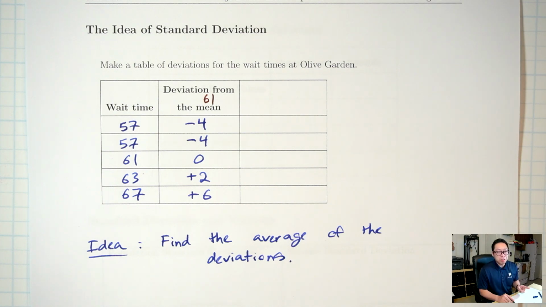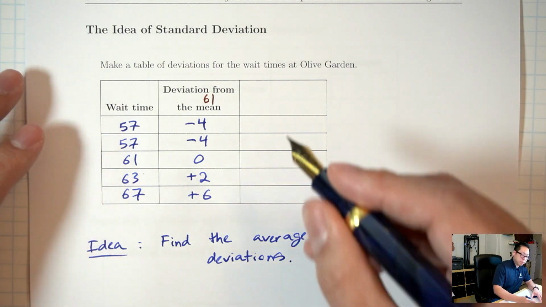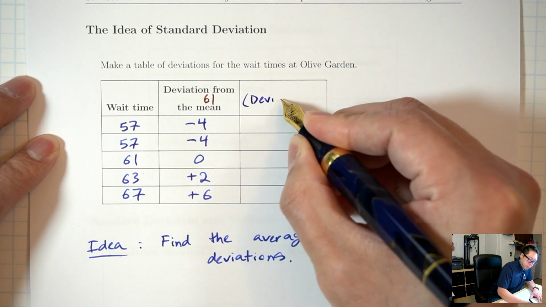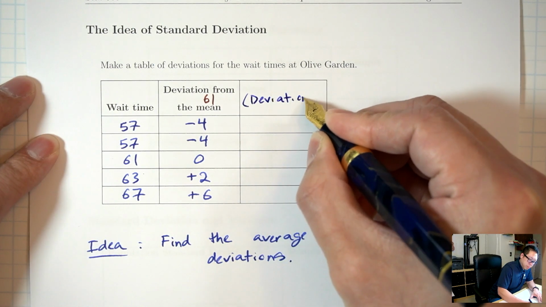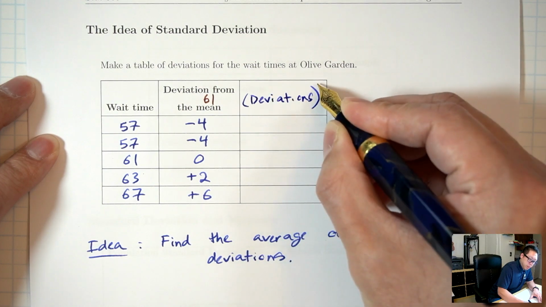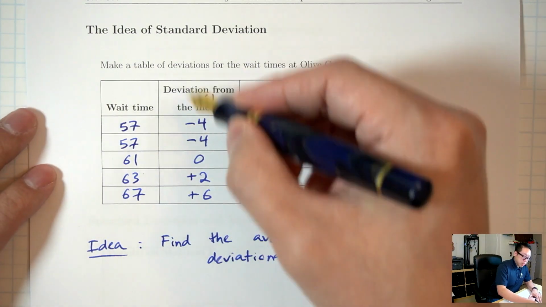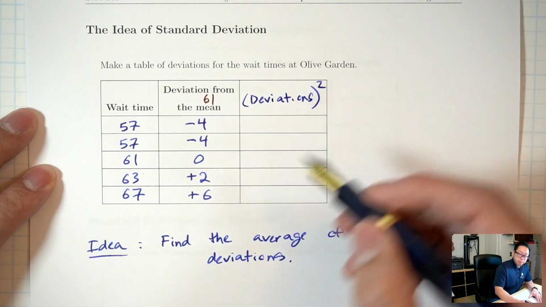That's not what we're going to do, but that's good. Outside of absolute value, what's another thing you can do to turn a negative number into a positive number? We're going to square them. So I'm going to take all my deviations and square them.